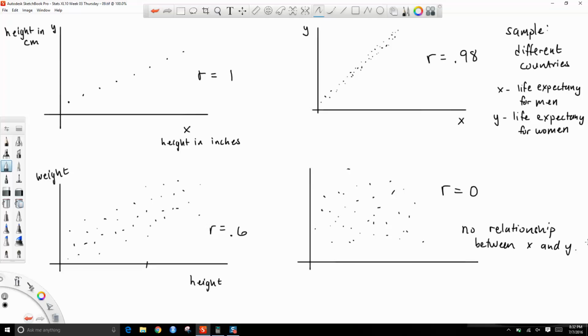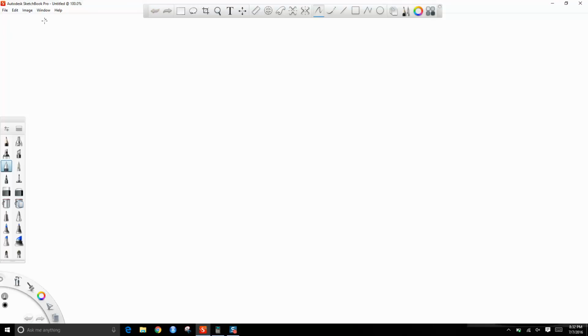Okay, and these were all positive examples. Let me just show you a couple. As soon as they start trending in the opposite direction, then you would have negative R. Something that looks like this, what would we guess the value of R to be here? Yeah, R here I would say is like negative 0.95.